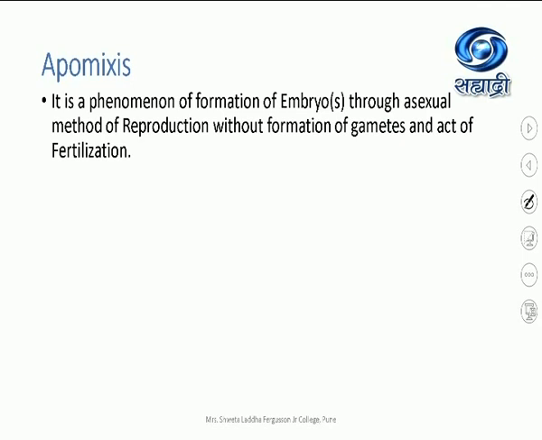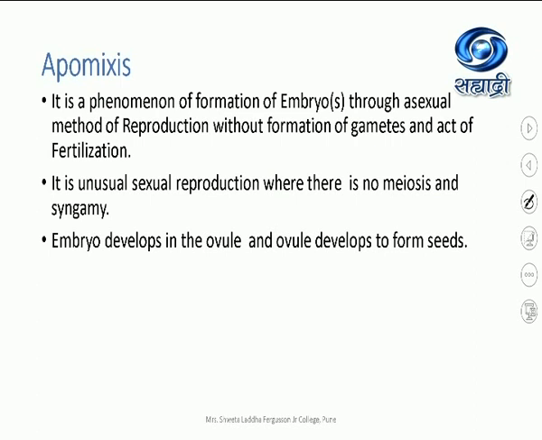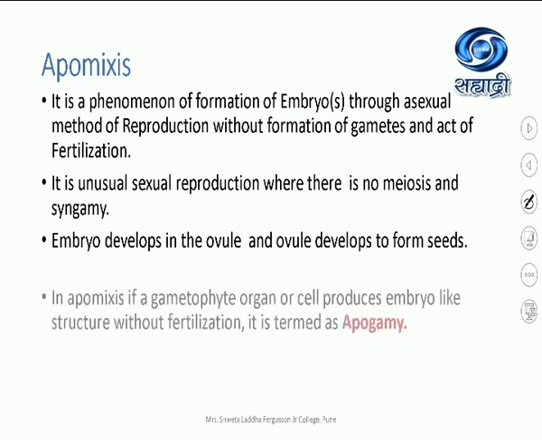Now we are saying that seeds are developing, embryos are developing without fertilization, without formation of gametes, then we call it apomixis, and such seeds are called apomictic seeds. It is an unusual sexual reproduction where there is no meiosis, no syngamy, no fertilization, but seeds are developed. The embryo develops in the ovule and the ovule develops to form the seed.